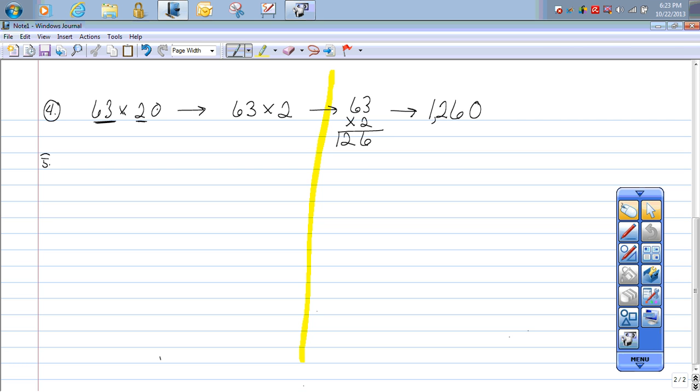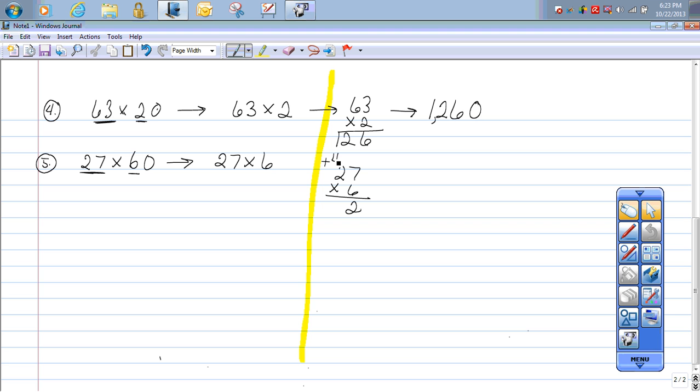Let's do another example. Let's do 27 times 60. I see a fact here, 27 times 6. So we can do 27 times 6. 6 times 7 is 42.